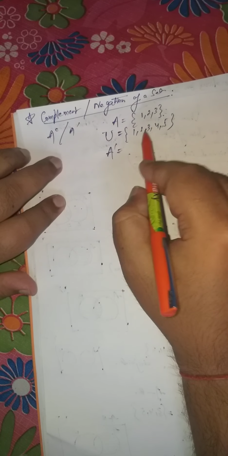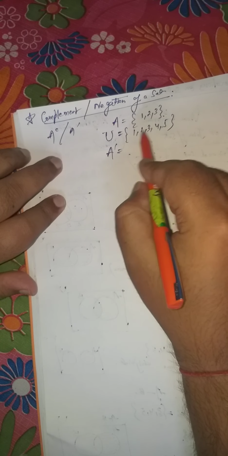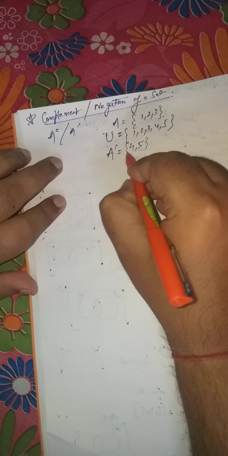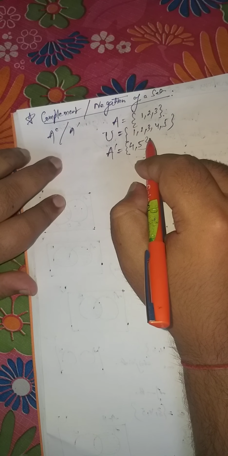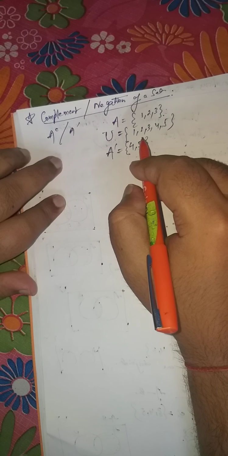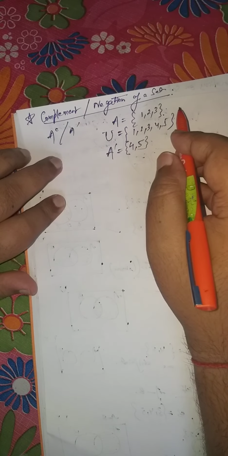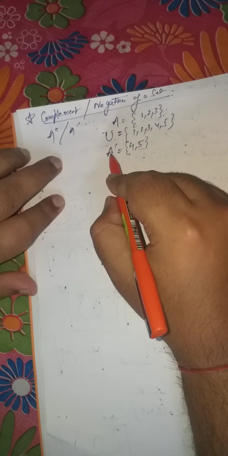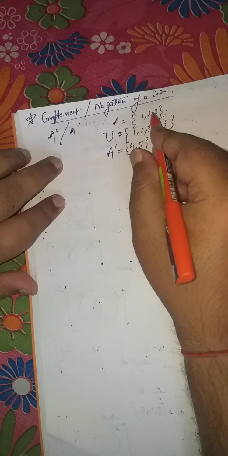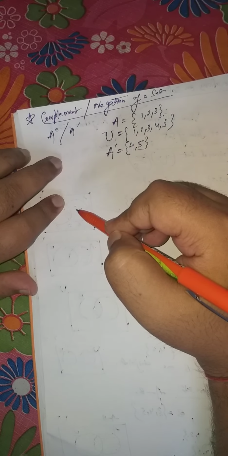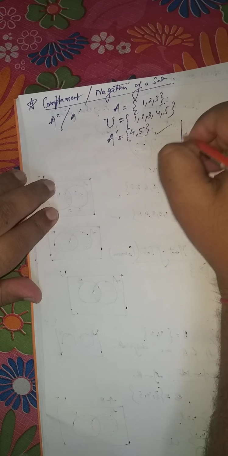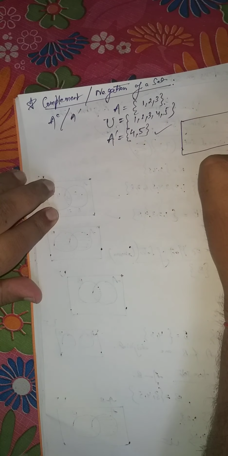Excluding this 1 2 3, because it is there in A, you have to write 4 and 5. This will give you complement of a set. Understood that the set of all the elements of the universal set which does not belong to A. Complement of a set A is what? The element which is there in the universal set which does not belong to A, because you are writing the complement of A.